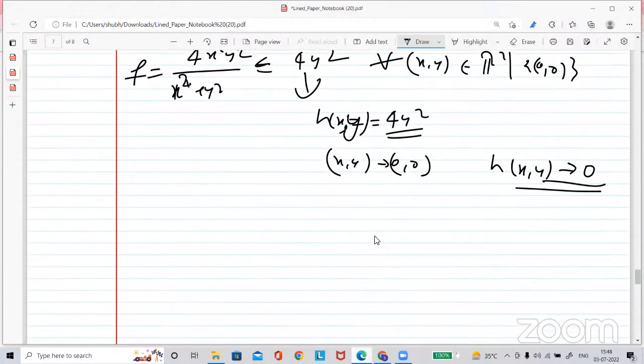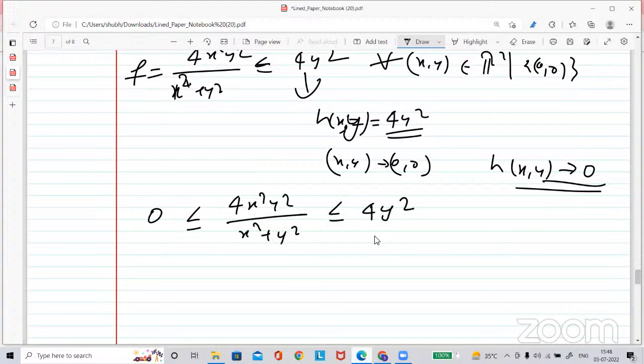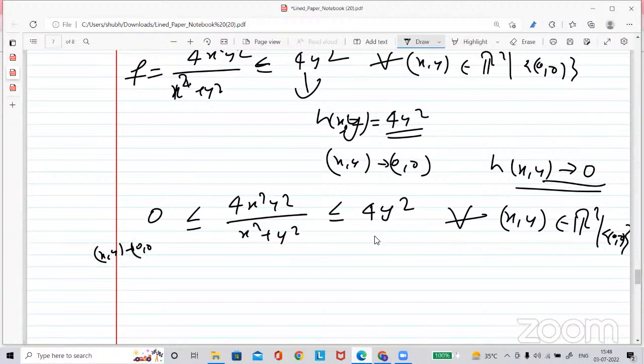So this inequality, 0 less than 4x square y square upon x square plus y square less than 4y square, is true for all xy belonging to R2 minus 0, 0. Right? Now as xy goes to 0, 0, this will go to 0, and this will go to 0. So the limit of our function will go to 0. This is what the sandwich theorem tells you.